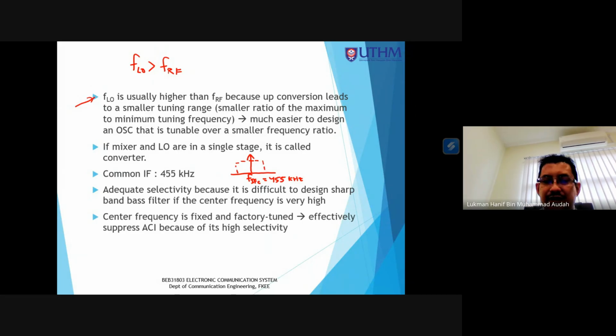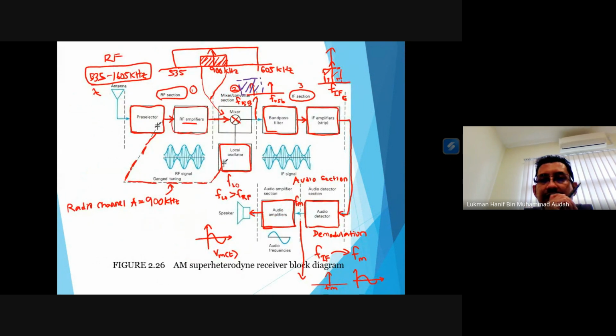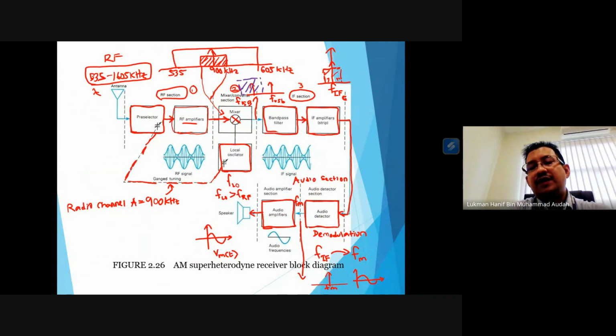Where is 455? If I relate to my picture, F IF is actually referring to this frequency, 455 kilohertz. So the center would be at 455 kilohertz.